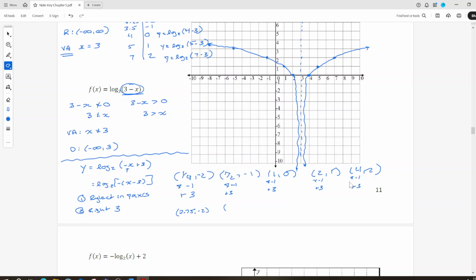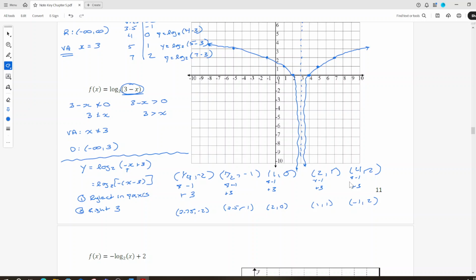This point here would be at (2.5, -1). This point here would be at -1 plus 3 is 2 and 0. This point here would be at -2 plus 3 is 1 and 1. And then lastly, this point here would be at (-1, 2).